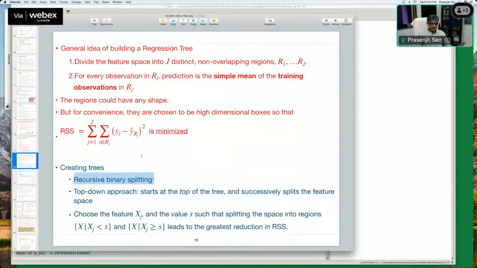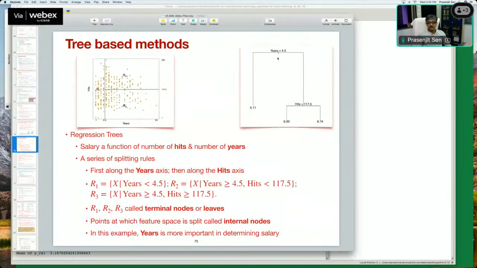It's a top-down approach. You start at the top and successively split the feature space. This is exactly what I showed you. You start at the top when all the samples are in a single region. You have only one region, the complete feature space. Then you split along one of the features. What it means is that this axis is divided into two parts, one part on the left, one part on the right.